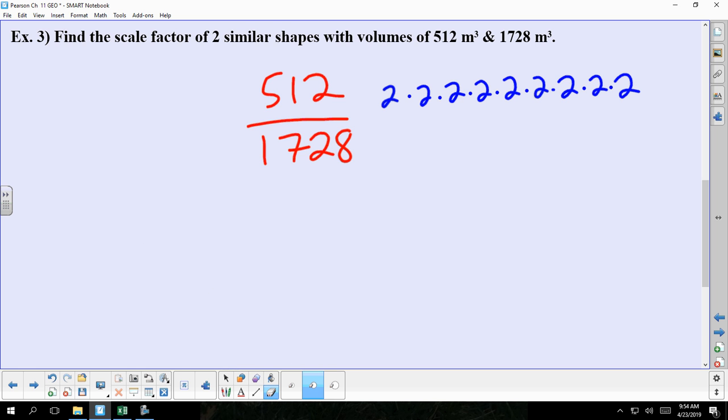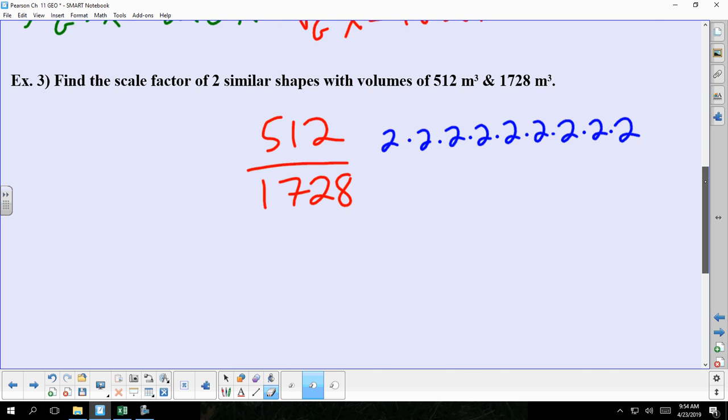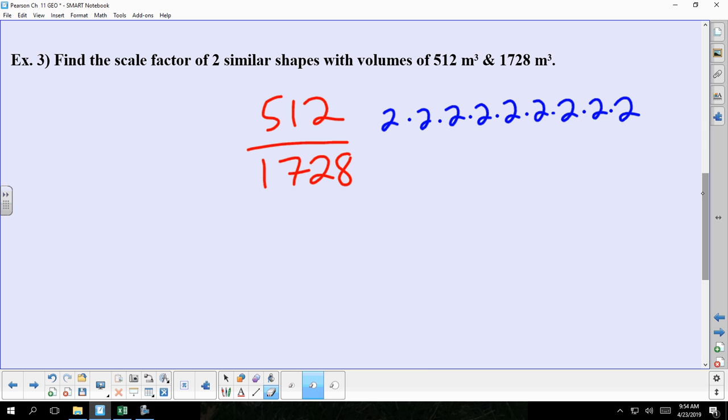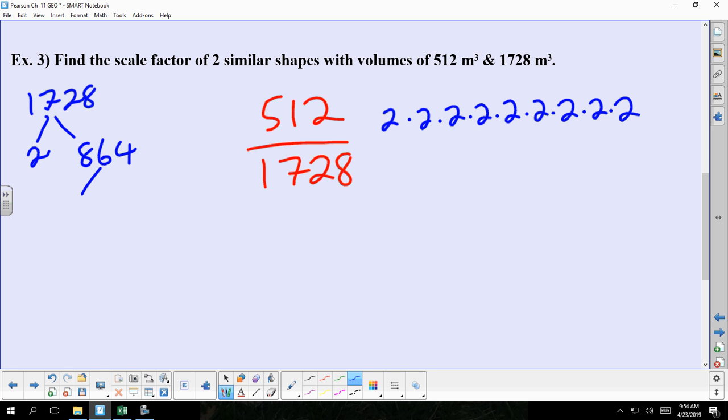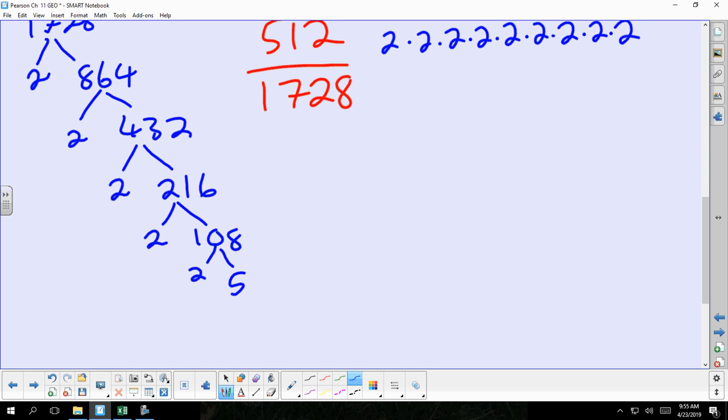So 1728 is 2 times 864, 432, 216, 2 and 54, 2 and 27.